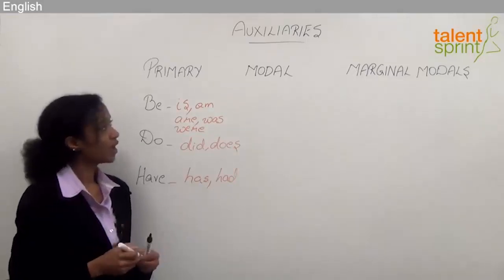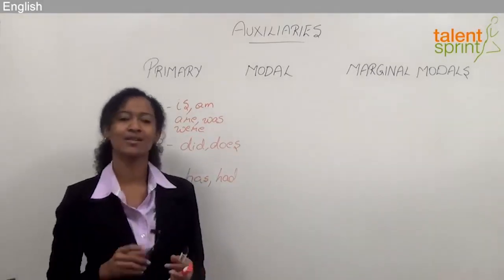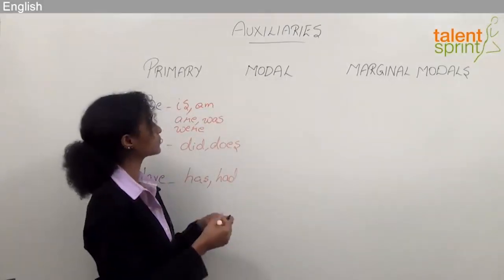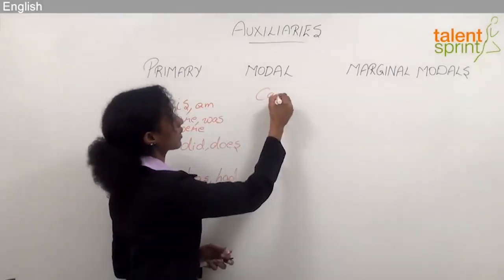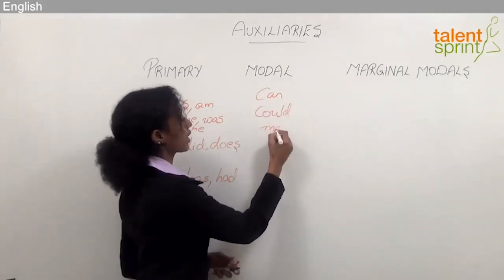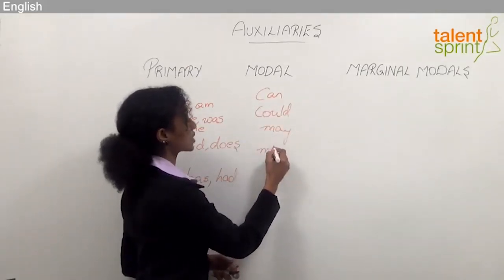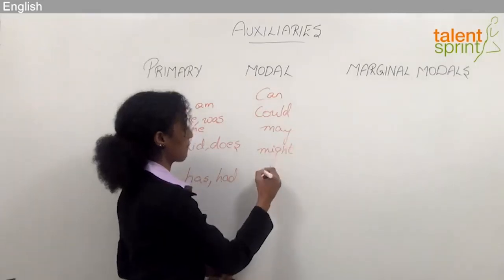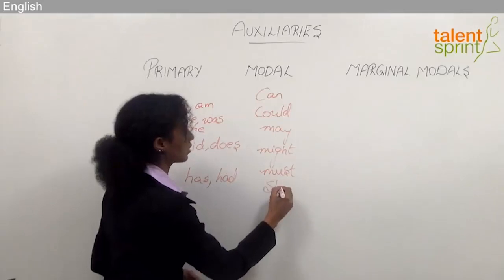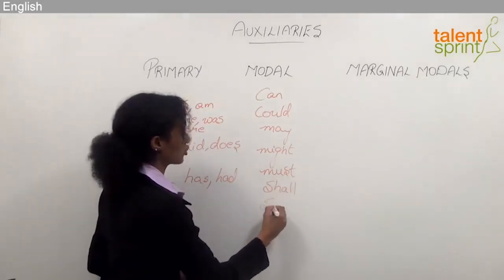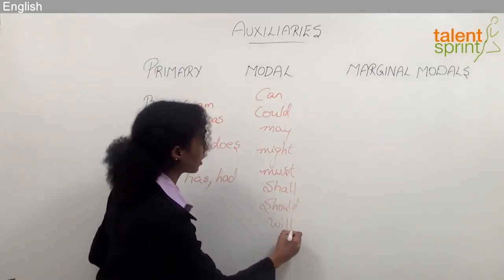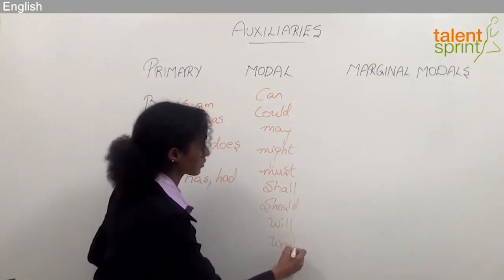Okay. Modal. We have about 9 modal auxiliaries, which would be can, could, may, might, must, shall, should, will, and would.